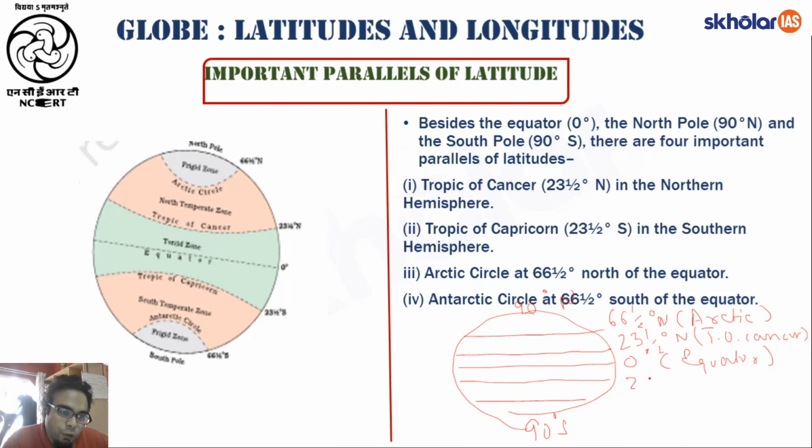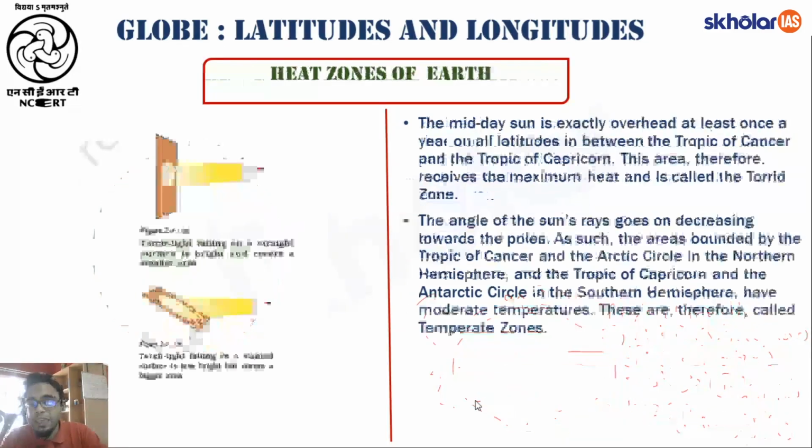Then here we have 23.5 degree south, which is called the Tropic of Capricorn, right? And here we have 66.5 degree south latitude, which is called the Antarctic Circle, right? Very, very important. Please try to remember all the names of these latitudes, right?